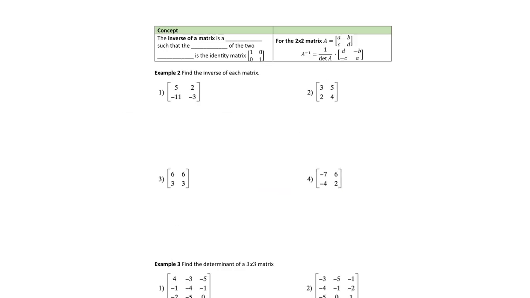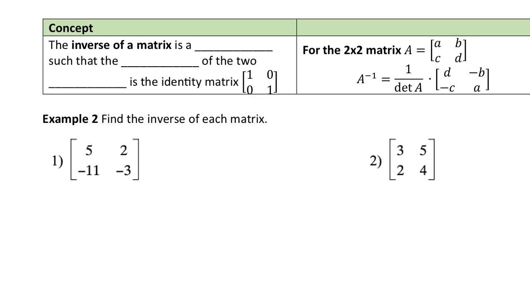Okay, so now the inverse matrix is a matrix such that the product of the two matrices is the identity matrix. The identity matrix means that the main diagonal is 1, all those numbers are 1, and everything else is 0.